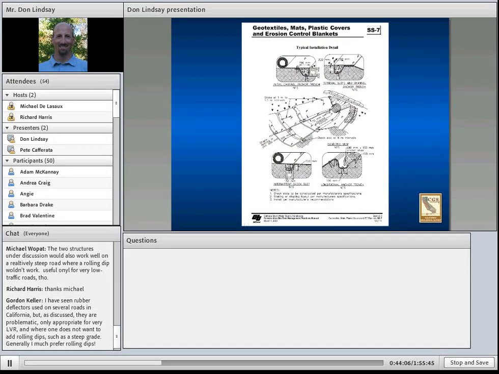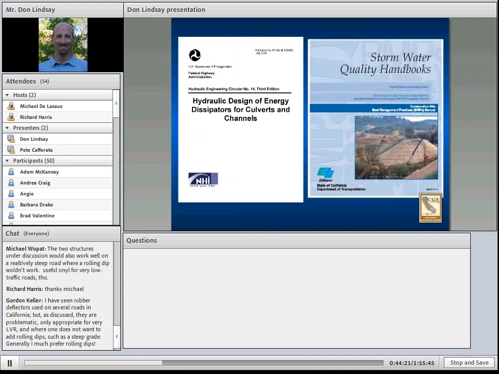There are many other types of energy dissipators available, including this one that consists of geosynthetic fabric placed in a shingled overlapping pattern by Caltrans. Again, the two documents by FHWA and Caltrans are great resources to seek guidance in designing energy dissipators at outlets of pipes.